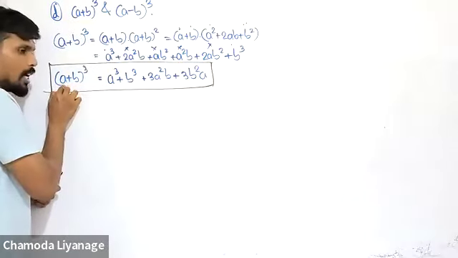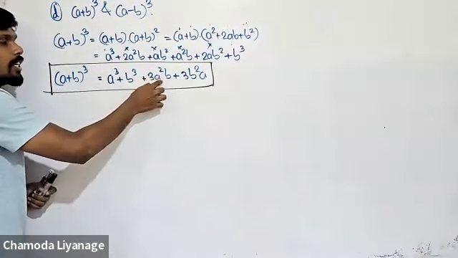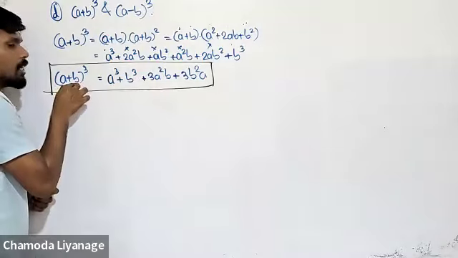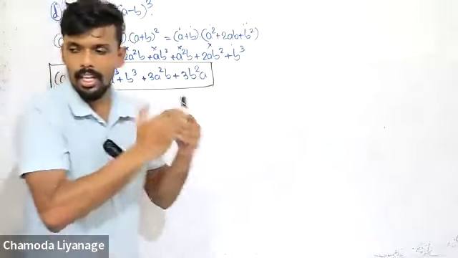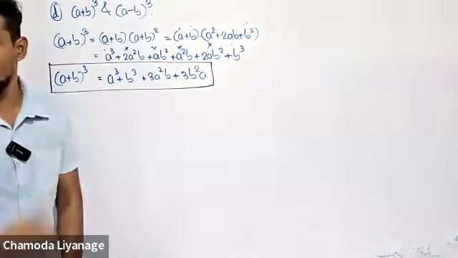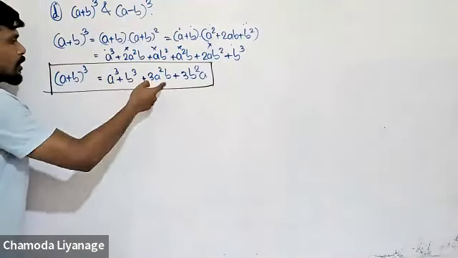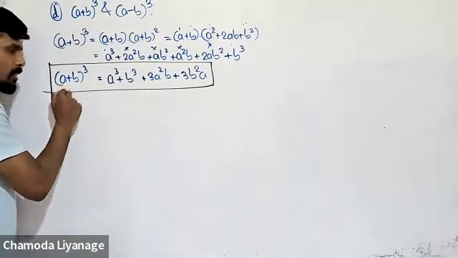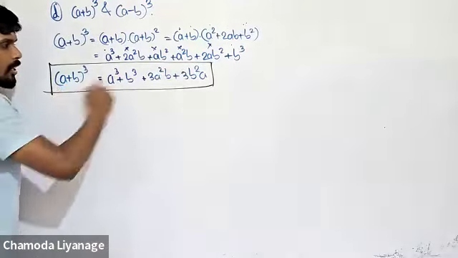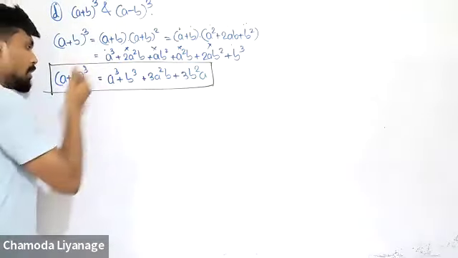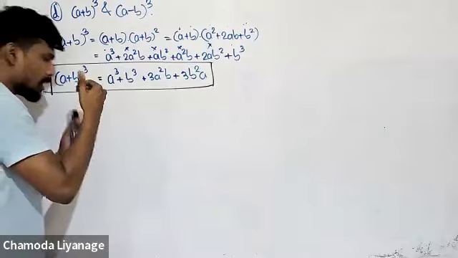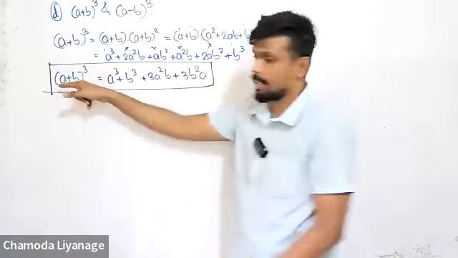After that, come to a, but not a, you have to consider a squared. A squared into b, plus 3 times a squared into b. There are no other terms. Now come to b, and 3 times b squared a. You have to consider here b squared a, right?